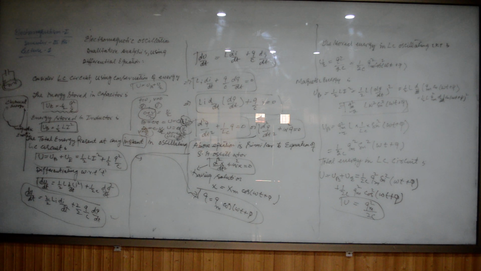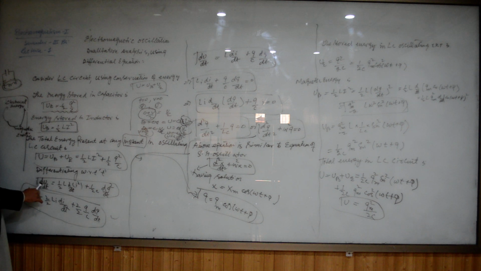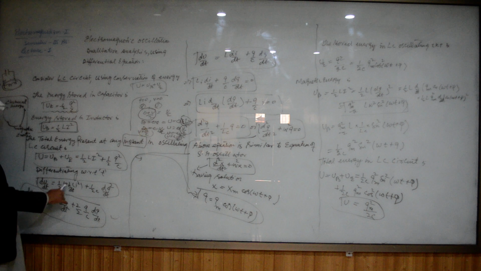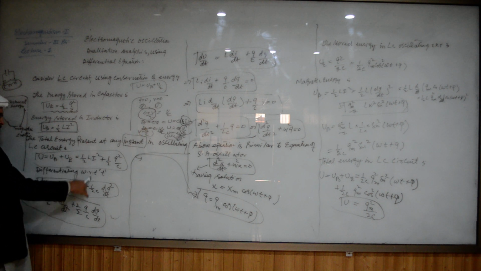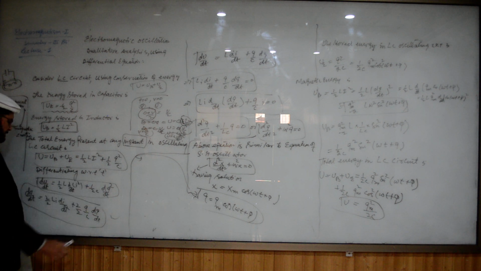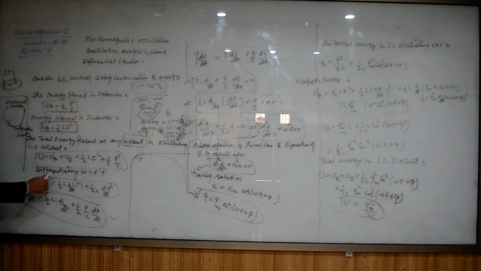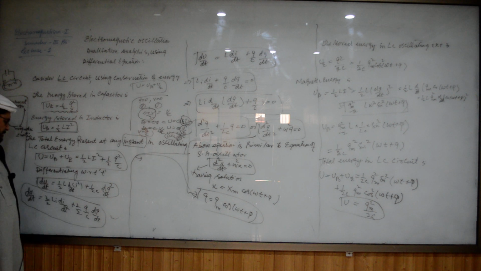Now differentiate the above equation with respect to t. So du by dt is equal to 1 by 2 L, which is constant in this case, d by dt of I square, plus 1 by 2 C, d by dt of Q square. After differentiation, du by dt is equal to 2 by 2 Li d by dt of I, plus 2 by 2 C Q dq divided by dt.